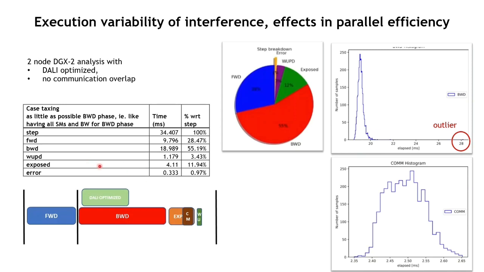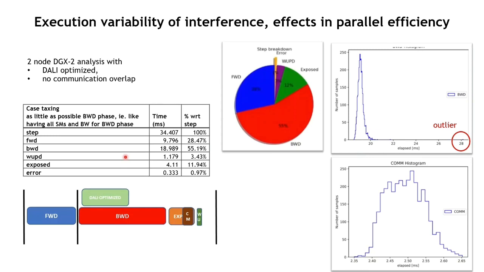Out of that exposed time of 4.1 milliseconds of the training step, we spend around 2.5 milliseconds on the communication. So those numbers make sense. That is, the communication time has to be at most the exposed time. After that comes the weight update, which accounts for something in the range of only 3.5%.